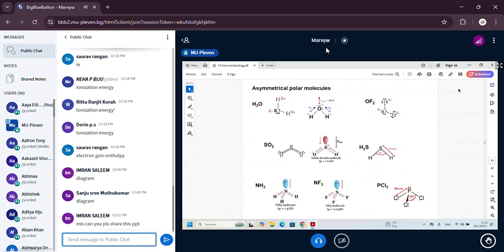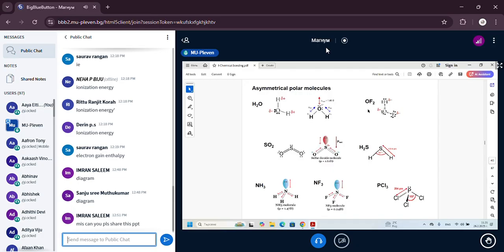And when we have an asymmetrical molecule, several examples, such molecules having polar bonds are also polar molecules. Example, water. The compound of fluorine with oxygen, we say oxygen fluoride, not oxide of fluorine, because fluorine is more electronegative than oxygen.